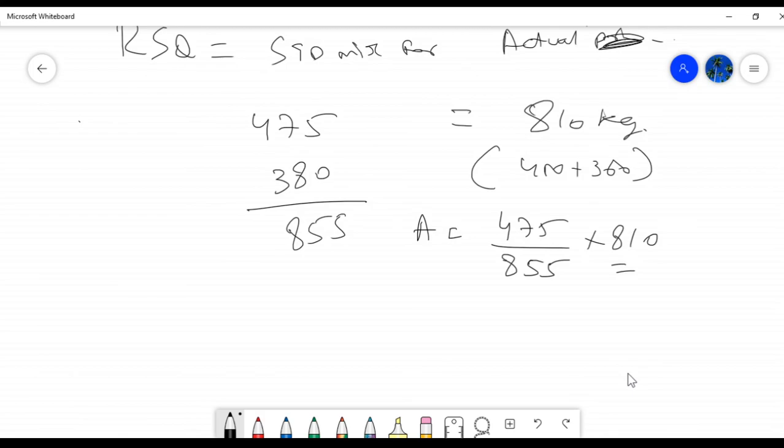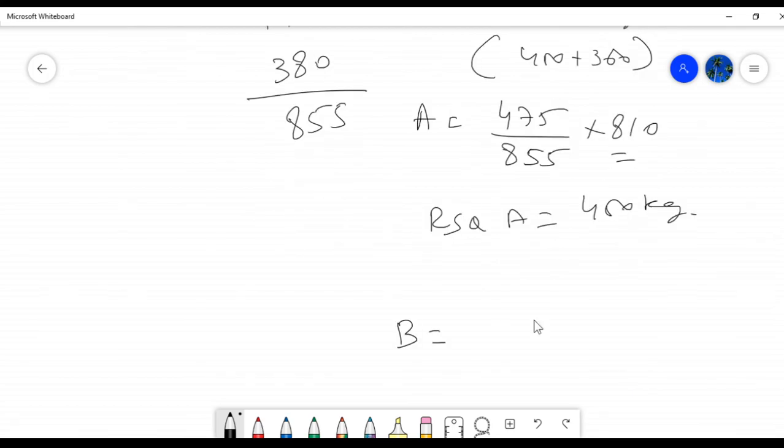That is my revised standard quantity for A. Then what about B? 380 divided by 855 into 810 kg equals 360 kg. So my revised standard quantity for B equals 360 kg.